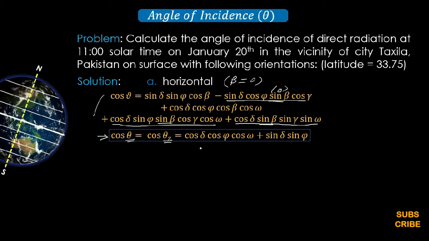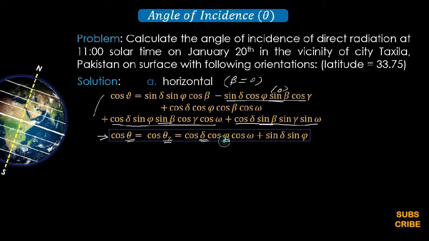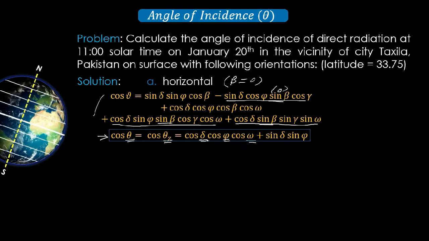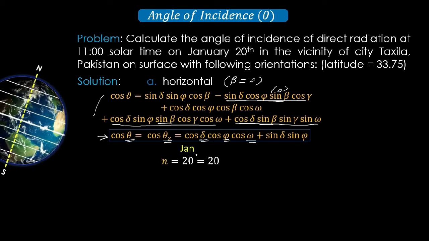Now in this reduced expression, we would be requiring the value of declination, the latitude phi we have, that is 33.75, and we have to calculate the hour angle omega. To calculate the declination, we would be requiring the day of the year, the value of n.